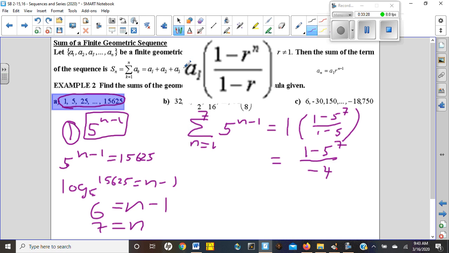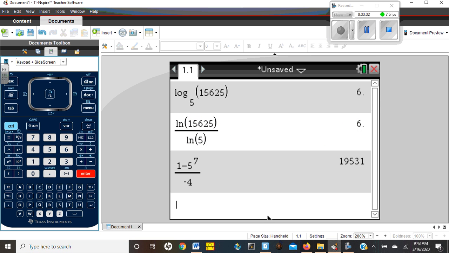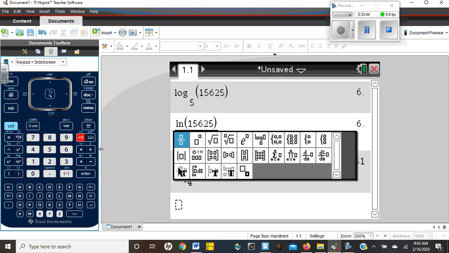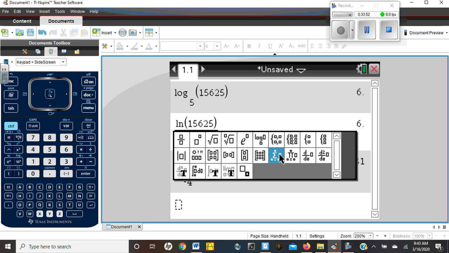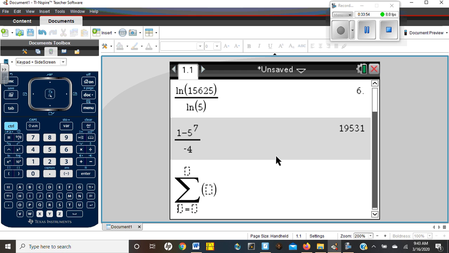Now, some of you are pretty good about exploring the dimensions of your calculator, and you have discovered that there is a wonderful little template called the Summation Template. Look at that right there. Middle row, about 6 or 7 selections over, right?